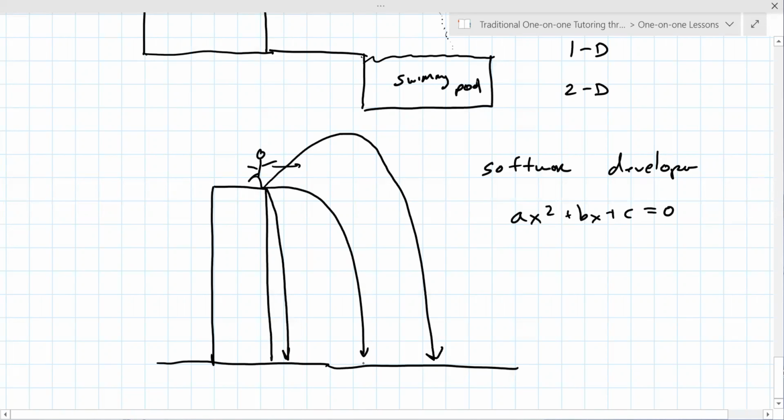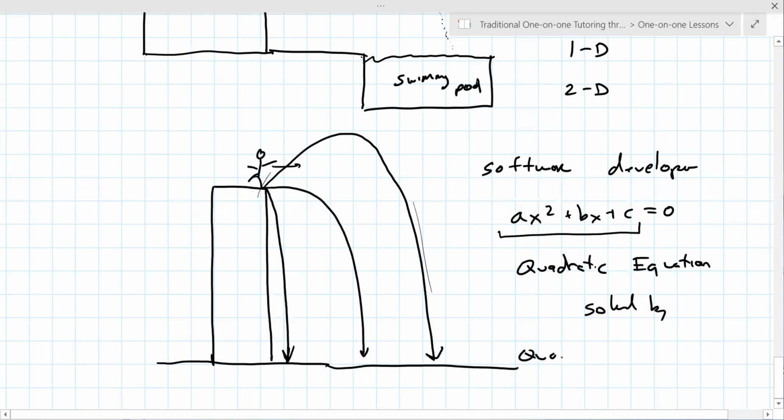So it's not like there's a mystery. If you go back to the game next time you're playing it and you fall, you're going to end up in the same spot every time. If you jump, you're going to end up in the same spot every time, because it's governed by the quadratic equation and solved by the quadratic formula.